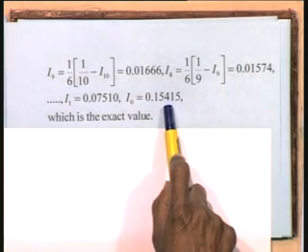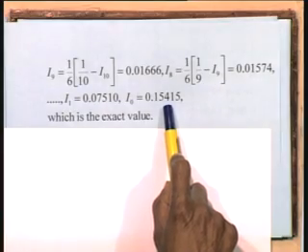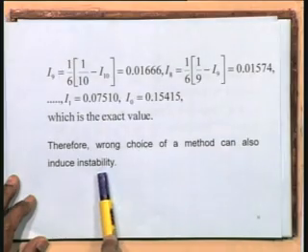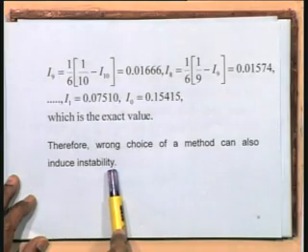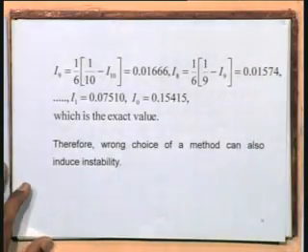Therefore, this would tell me that if you are solving even a simple problem, one should not take it as an obvious problem. When we are putting it in a computer and going to solve this problem, it is the correct choice or correct way of writing the problem that will give you the solution. Therefore, wrong choice of a method can also induce instability. In fact, many of you would be doing projects later on wherein you have to use a lot of numerical methods.